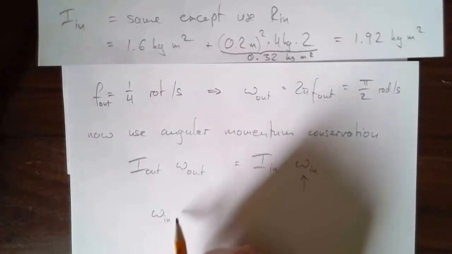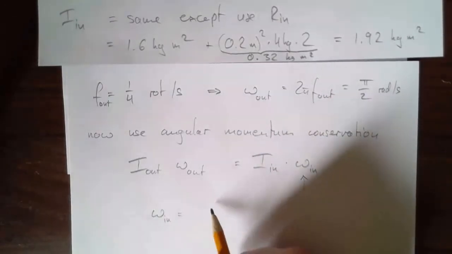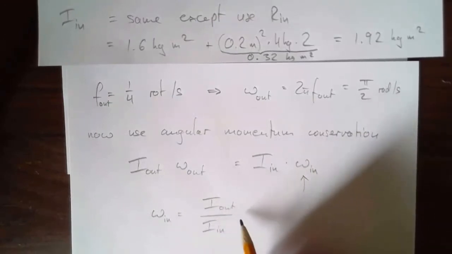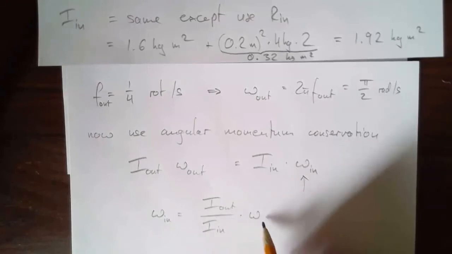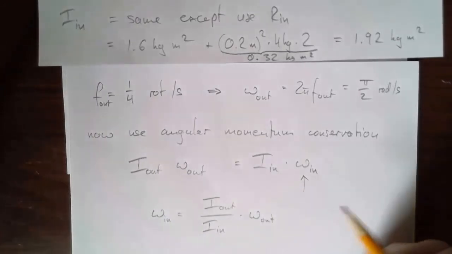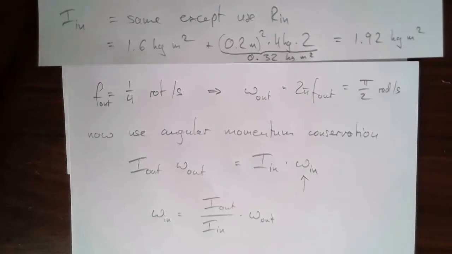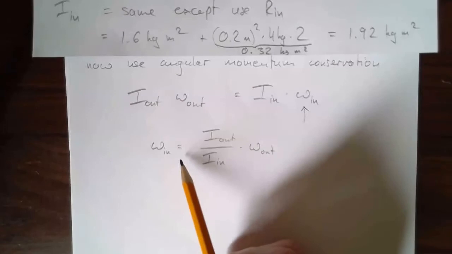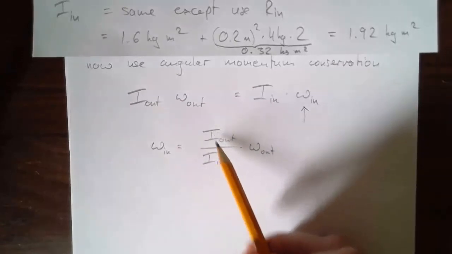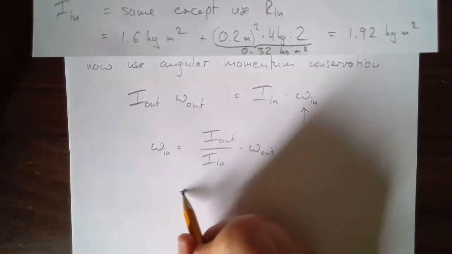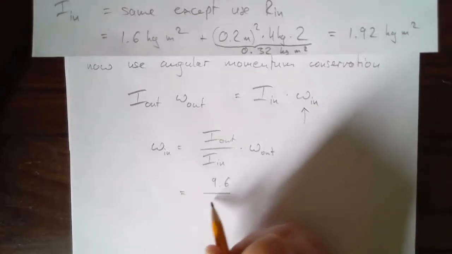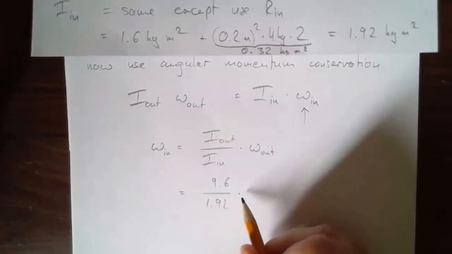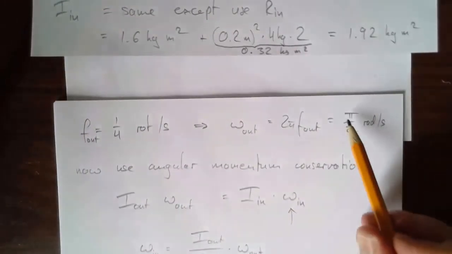So I'm going to get omega in is equal to I out over I in times omega out. And now I'm going to plug in the values we got. What do we have? This is 9.6. This is 1.92. The units are of course going to cancel out, times omega out, which we just calculated to be pi over 2 radians per second.